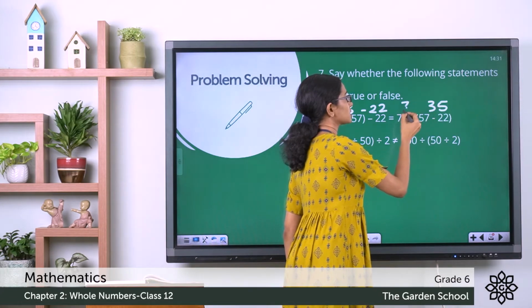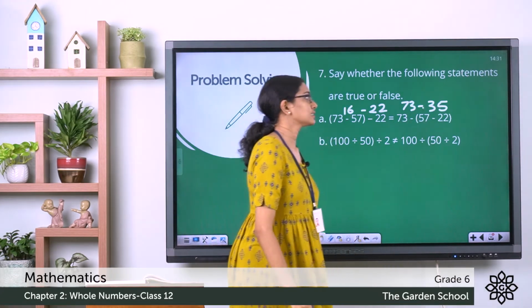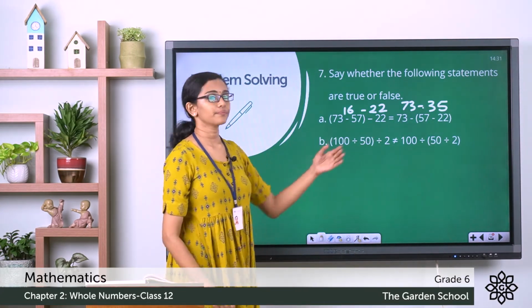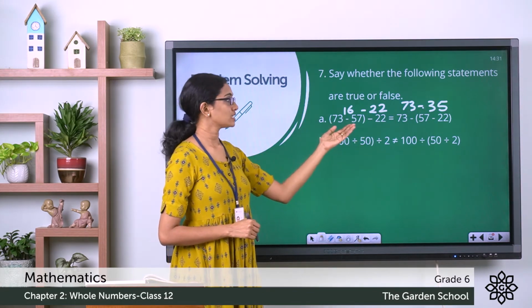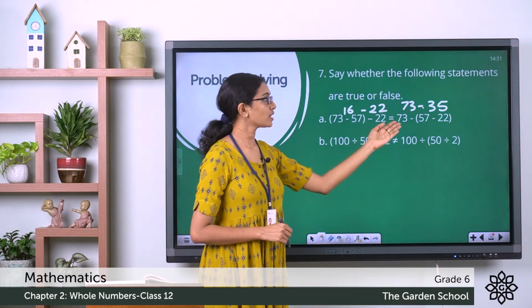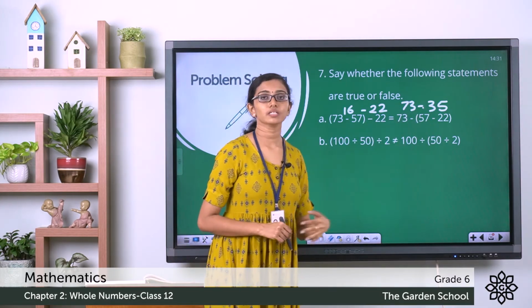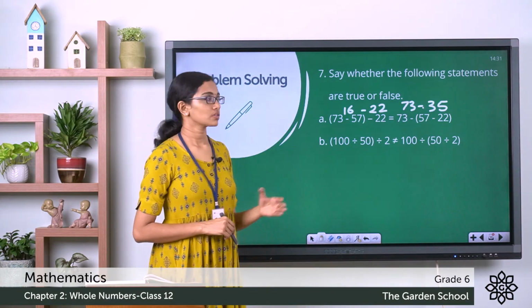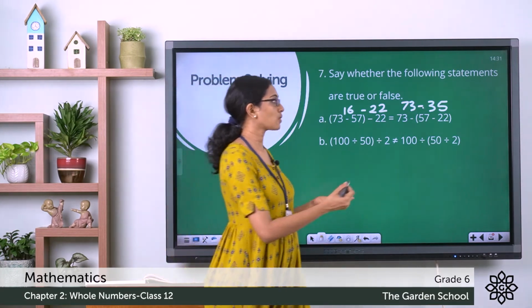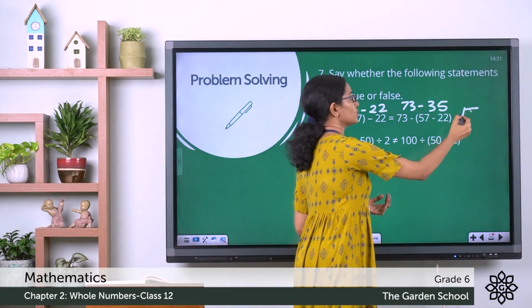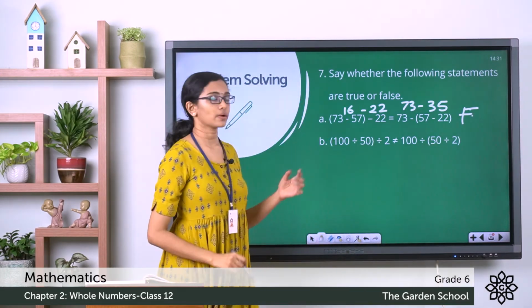So here this is 73 minus 35. So is it the same? So here on the left hand side the result is a negative number. This is not equal to 73 minus 35. So can we say this statement here is true? No, this is a false statement. So you can write false for that question.